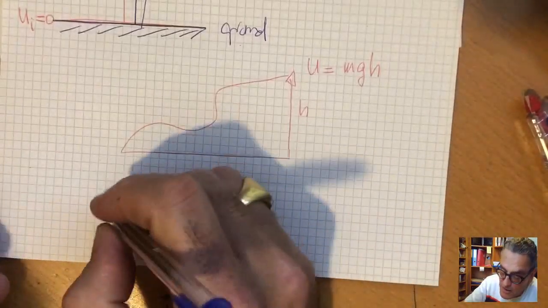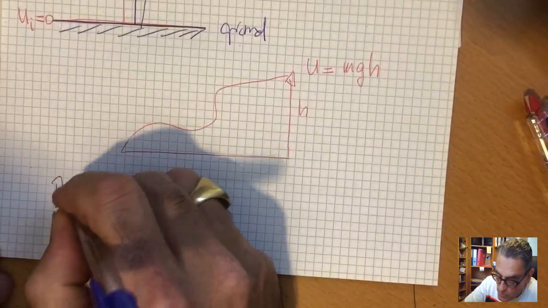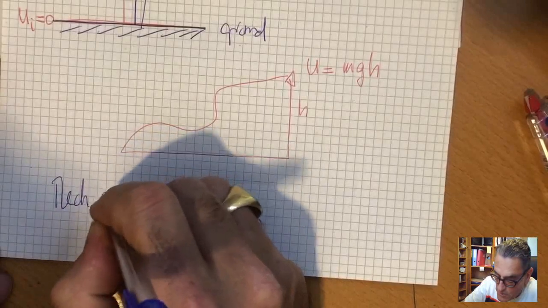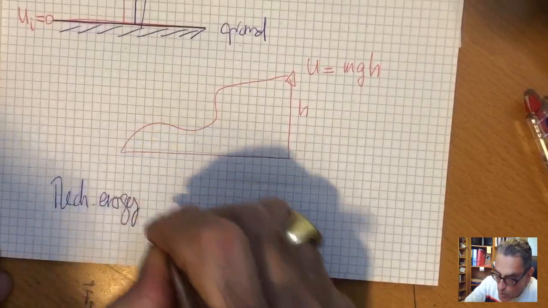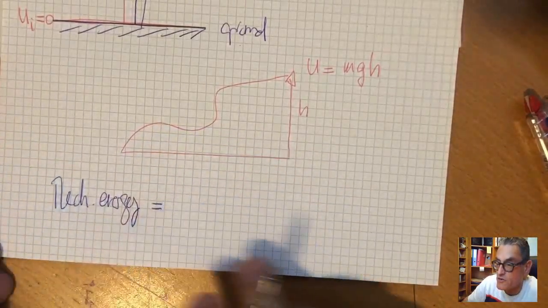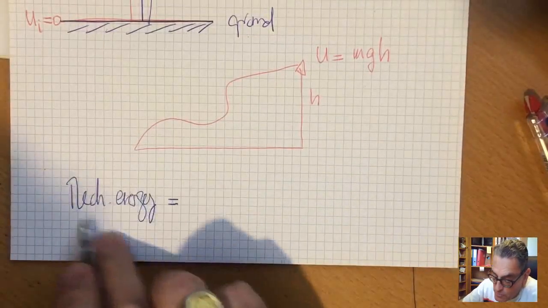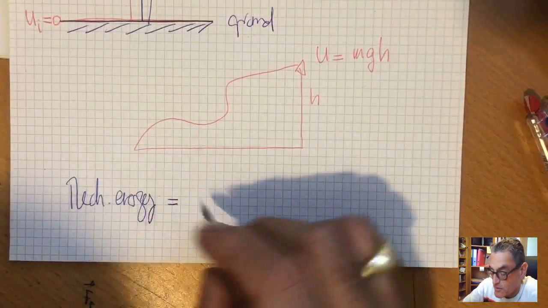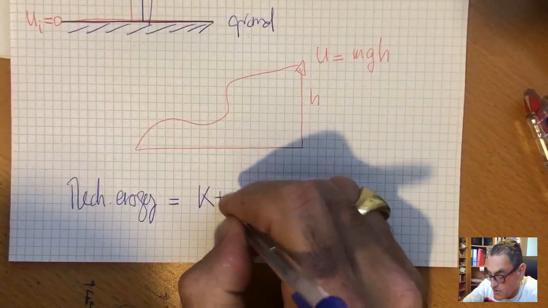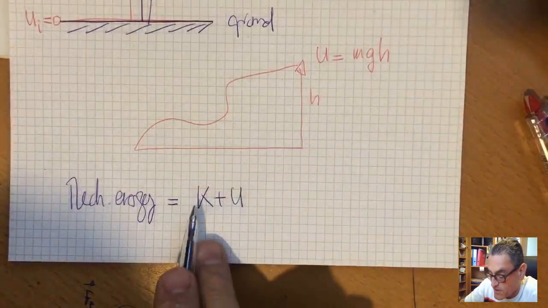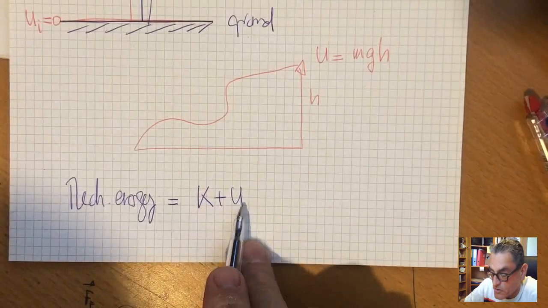I'm going to tell you one thing a bit in advance: why did I insist so much on potential energy? It's because we are going to define in a moment mechanical energy, and mechanical energy is the sum of kinetic energy and potential energy.